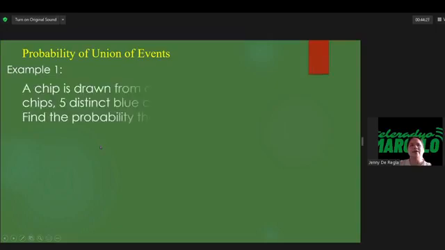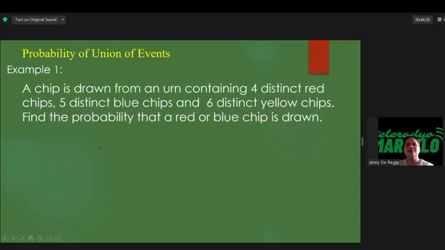So example 1, a chip is drawn from an urn containing 4 distinct red chips, 5 distinct blue chips, and 6 distinct yellow chips. Find the probability that a red or blue chip is drawn. So what kind of event is this?